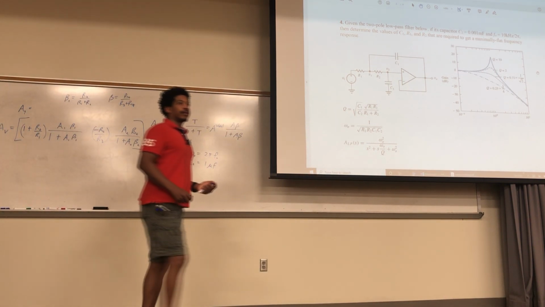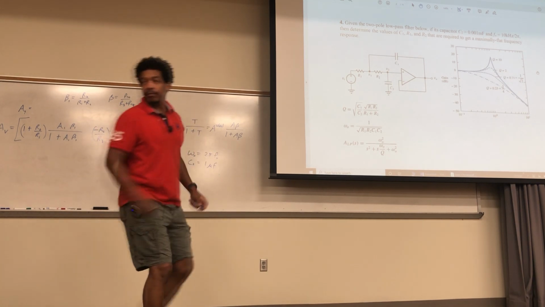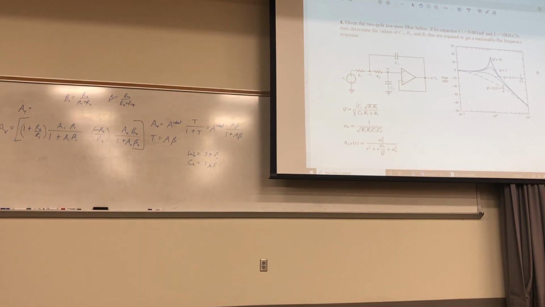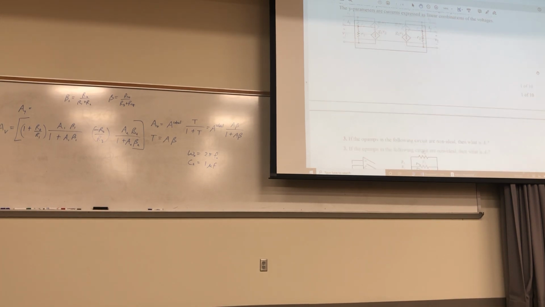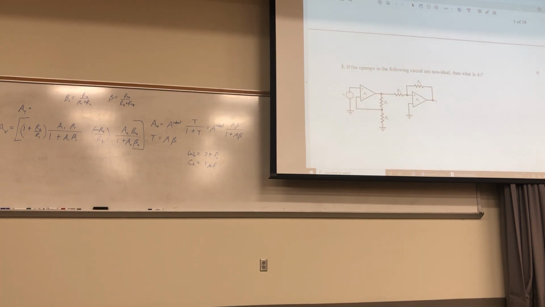Yes? Back on the previous question, I had a question about your data. Okay. Should it be the other resistor on top of both of them? The R1 instead of R2 and R3 instead of R4?